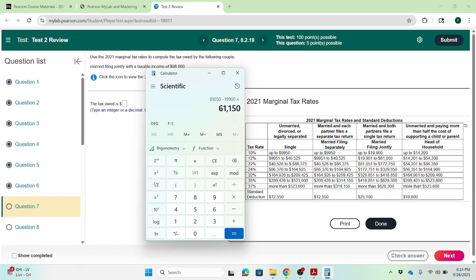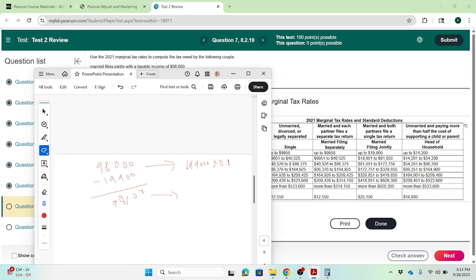For the 61,150, because there is still more than that, the rate is 12%, so you have to multiply that by 12%.